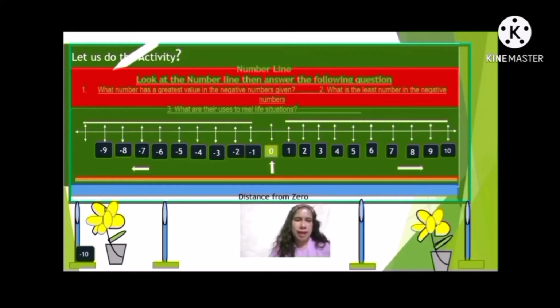So time is up. What number has the greatest value in the negative numbers? Is it negative 1 or negative 9? The answer is negative 1 has the greatest value, because according to the rule, the negative number nearest to 0 is the greatest number.